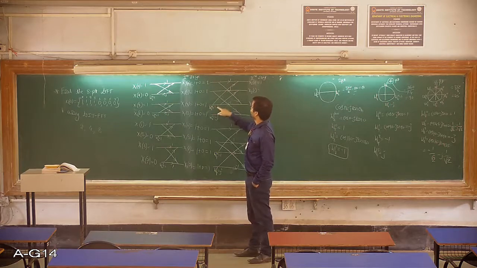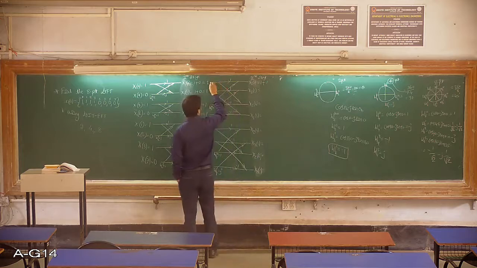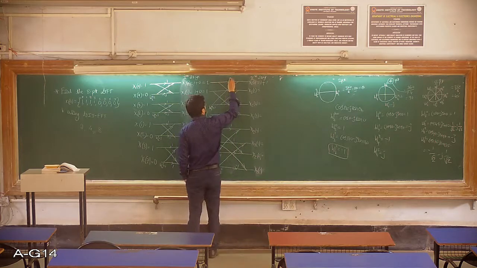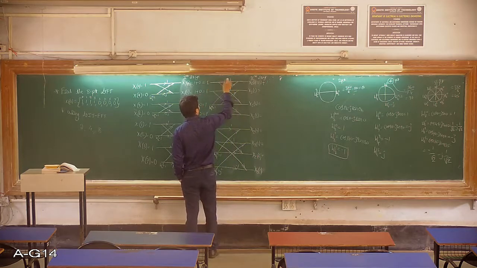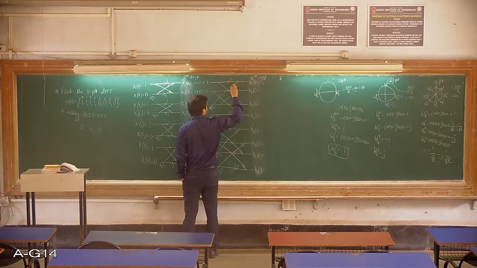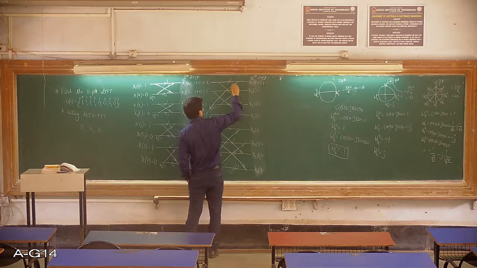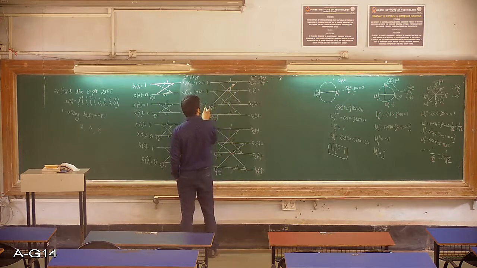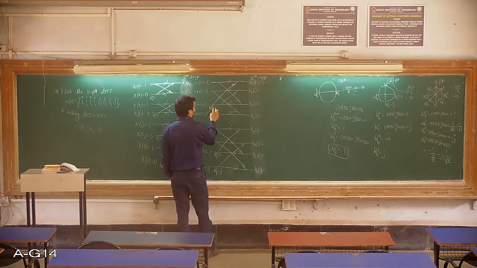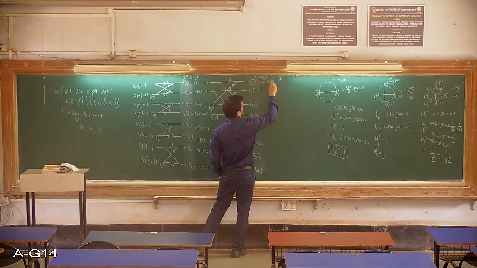So 1 plus 1. See here, this is 1, 1 into 1. One more, the upward line is there. So what is the value here? It is 1, 1 into 1, 1. So 1 plus 1 is 2.